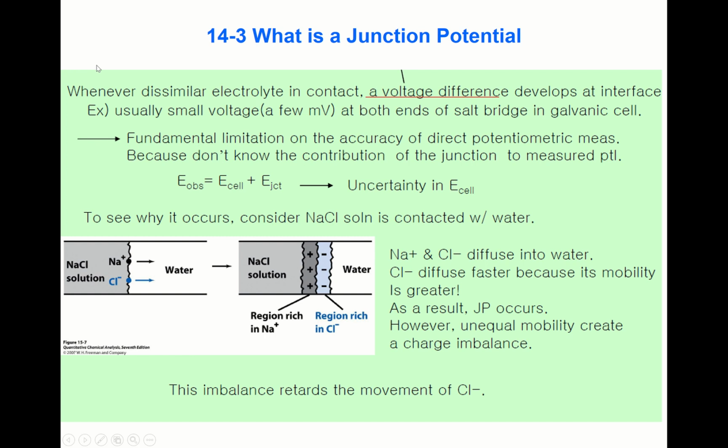Anyway, this makes the electrochemistry quite complicated. Whenever dissimilar electrolytes, dissimilar meaning not the same, are in contact, and not only electrolytes but also dissimilar metals and dissimilar solids, there must be a potential difference.